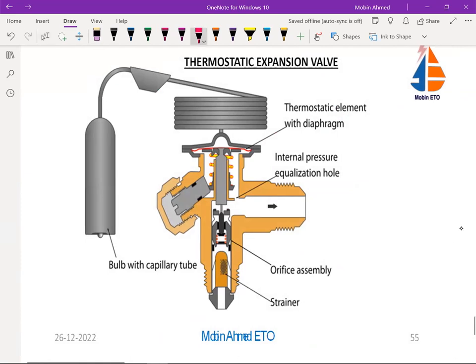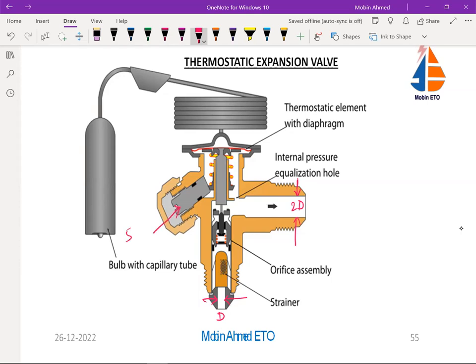If you see the diameter on this side, suppose it is D, and on this side it is 2D. This is a needle valve, and this is the bulb with the capillary tube. Here there is a diaphragm and this is the spring.